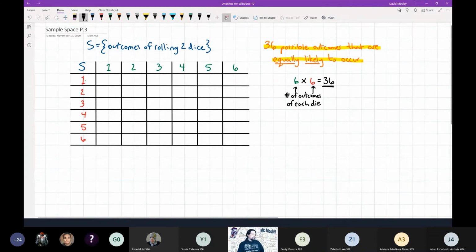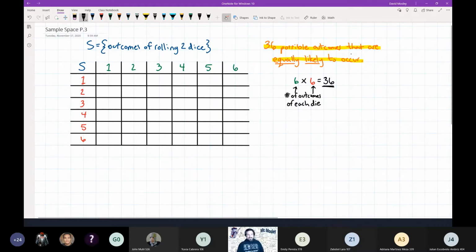The column here, 1, 2, 3, 4, 5, 6, represents the possible outcomes for a red die. 1, 2, 3, 4, 5, 6 across the top in the first row represent the possible numbers that we could roll on a green die. So we have a red die and a green die. S is the sample space, which represents the outcomes of rolling two dice, all the different possibilities.